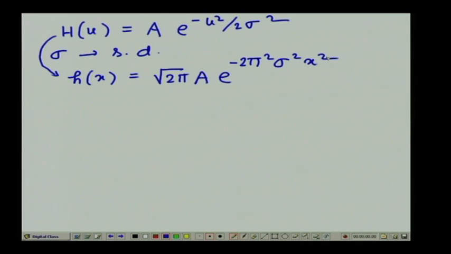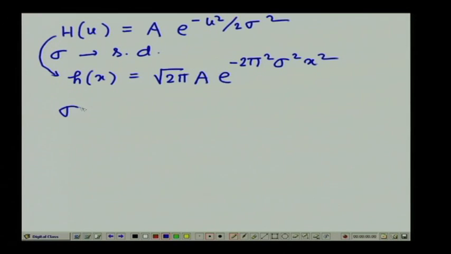That means, when H u has a broad profile in the frequency domain, that is, it has a large value of standard deviation sigma, the corresponding h x in the spatial domain will have a narrow profile. Similarly, if H u has a narrow profile, h x will have a broad profile.